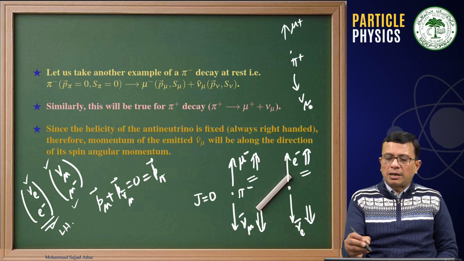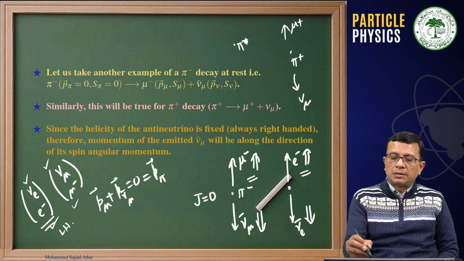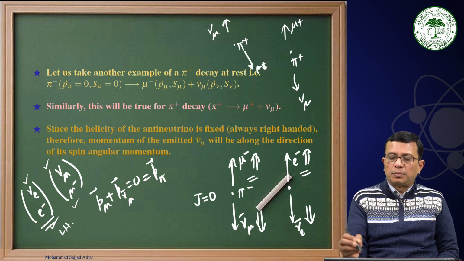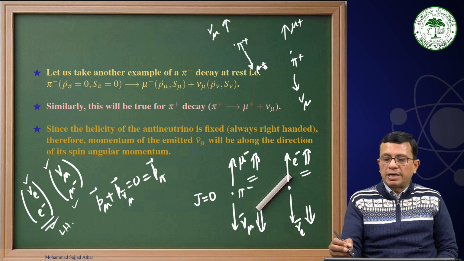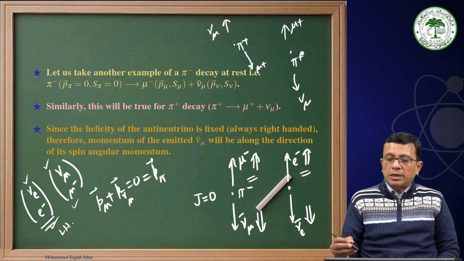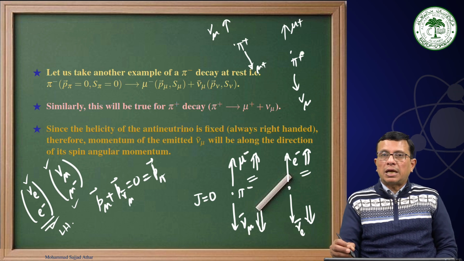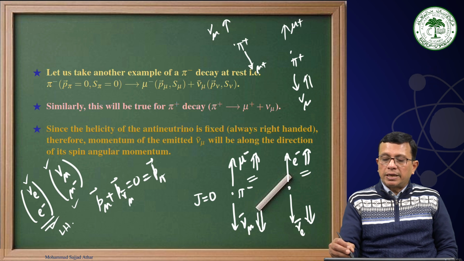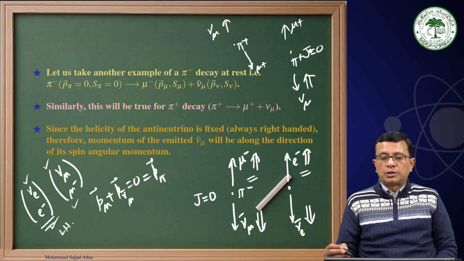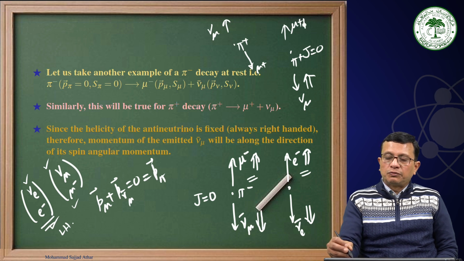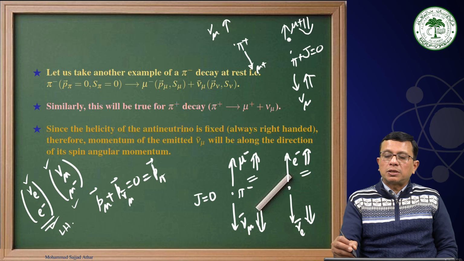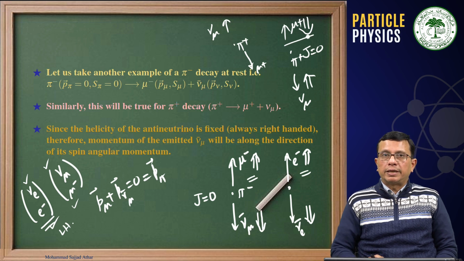Or you can take it otherwise also. Pi plus, this is nu mu, and this is mu plus. Both are one and the same. Either you take this case or that case. Now what is happening? All neutrinos are left-handed. Therefore, spins are in this direction. Since pi plus is an angular momentum 0 particle, this forces us, to conserve angular momentum, that mu plus should be right-handed.